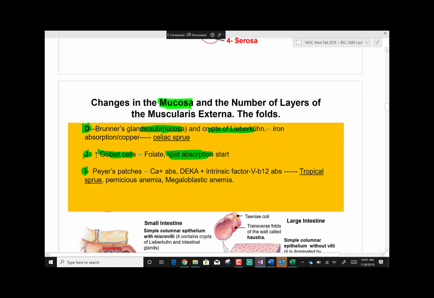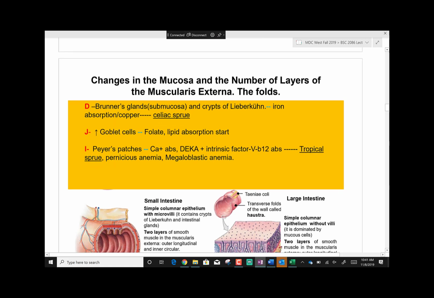So, the next event, we're actually going to be talking about the small intestine, right? So, within the mucosal layer, we have different characteristics or different shapes of the mucosal layer. So as you go from the mouth to your esophagus, we said that it was what?